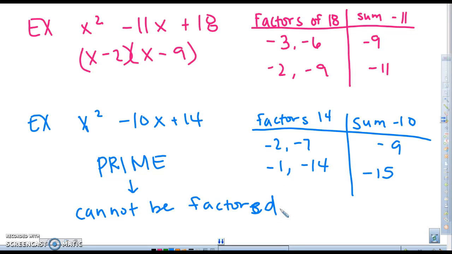But not many of them are going to actually be prime when we come to look at it. Most of the time you're going to want to try to factor it. And it's one of those things where it's like, oh, there's 3 primes on this quiz or whatever. Then you might start looking like, oh, maybe am I sure this one's prime? But you really need to double check. Okay?